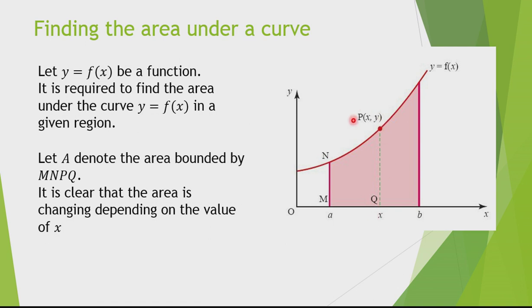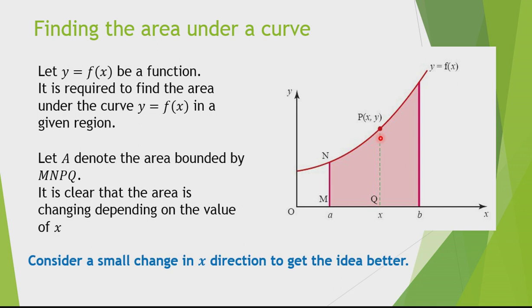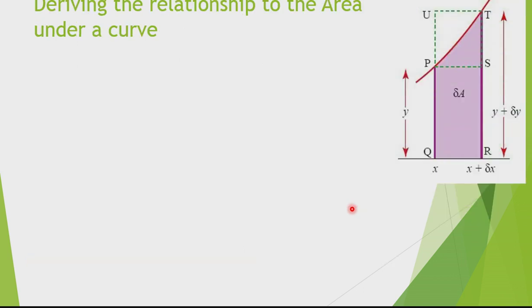So let's see how we do that. I am going to consider a small change in the x direction to get the idea better. So take a look at the next slide. I have considered a small shaded region under the curve such that point P will be right on the curve there. The coordinates will be (x, y). When x is increased by a small amount in the positive x direction, that is considered as delta x.